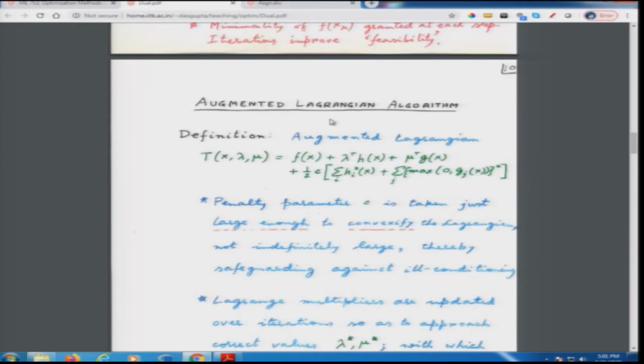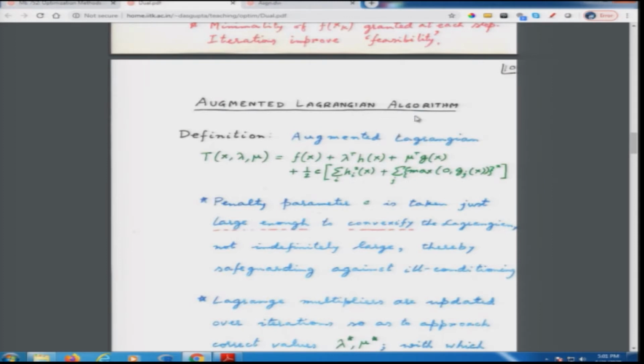Now, you will recognize that the Lagrangian function itself is something augmented, that is, with the objective function, when you add the components lambda transpose H and mu transpose G, then what you get is the Lagrangian, and with that if you add a penalty term for the constraints only, then you get the augmented Lagrangian algorithm.